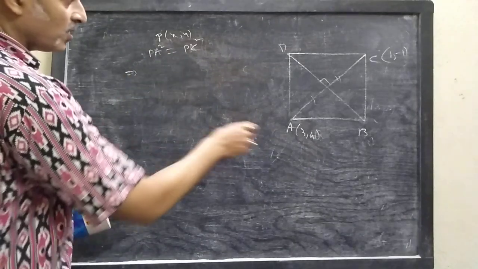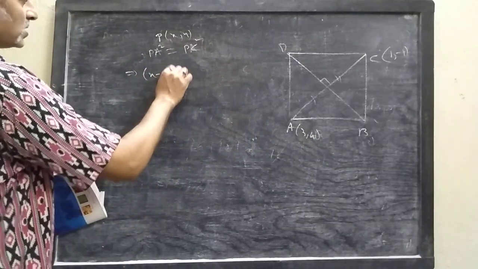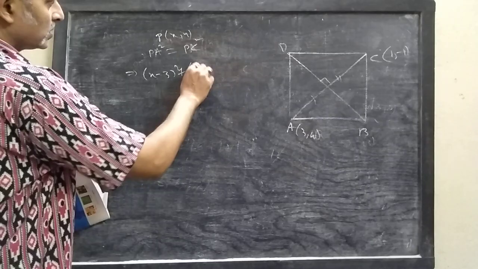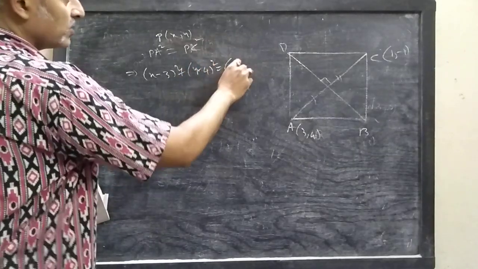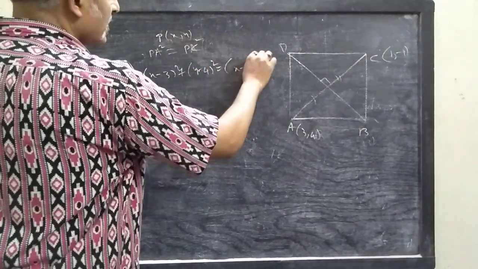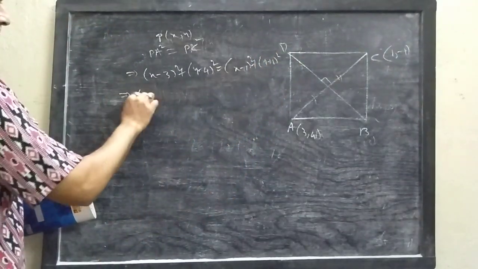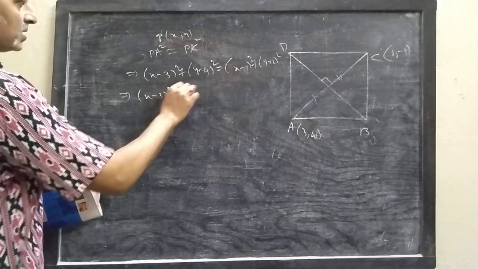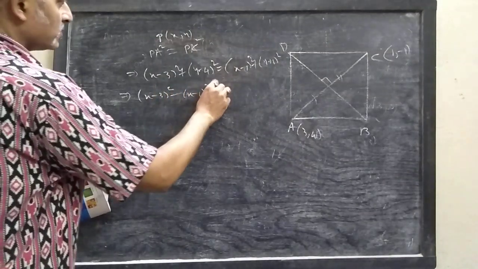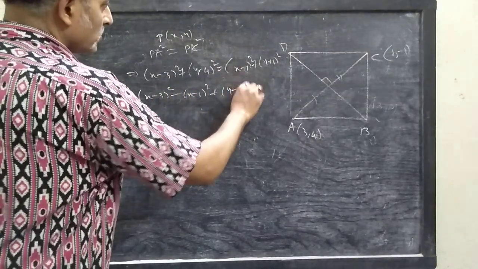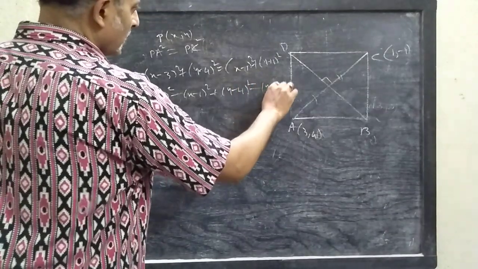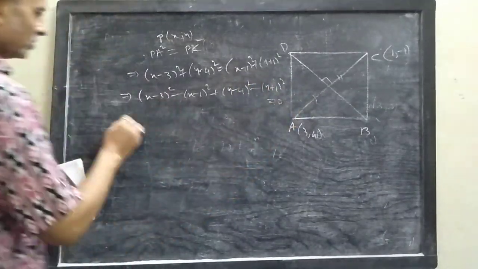Now PA square will be (x minus 3) whole square plus (y minus 4) whole square, equals (x minus 1) whole square plus (y plus 1) whole square. (x minus 3) whole square minus (x minus 1) whole square plus (y minus 4) whole square minus (y plus 1) whole square equals 0.